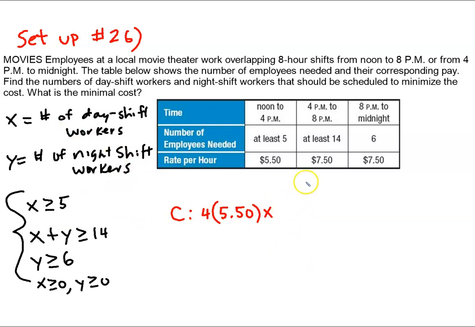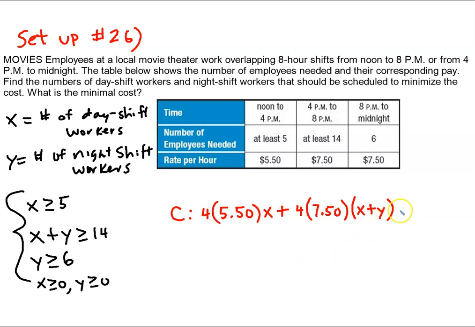Okay, then we've got to take care of this overlapping day-night shift period. And these guys, if they're working in this period of time, this 4-hour period, they're making $7.50. So 4 hours, $7.50 an hour, and we represent these people as a sum of day and night shift.